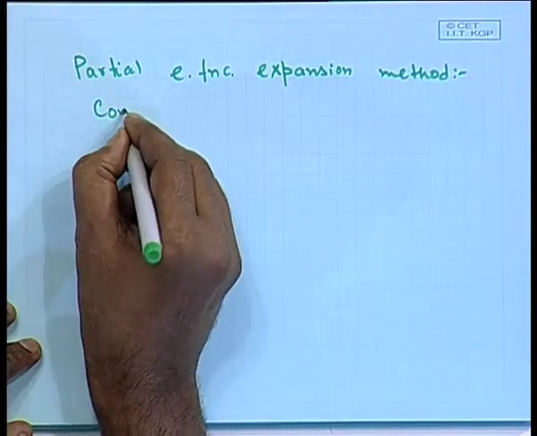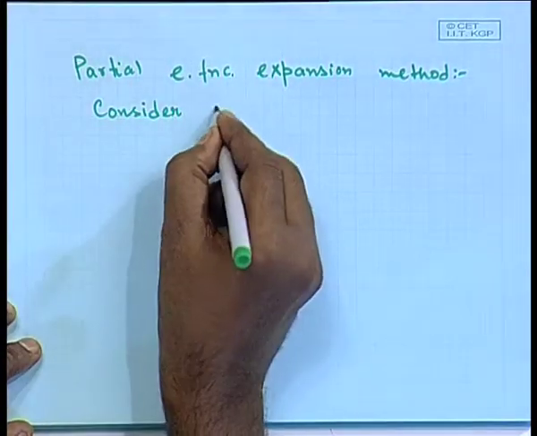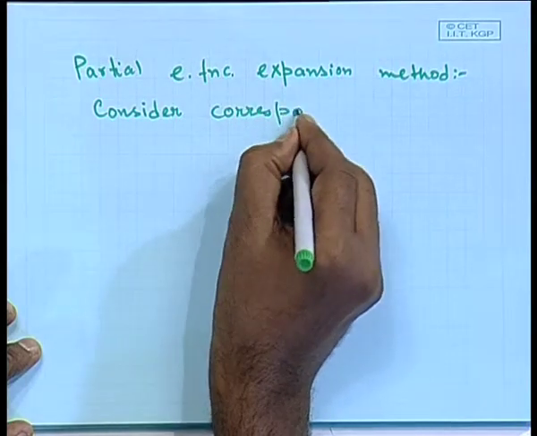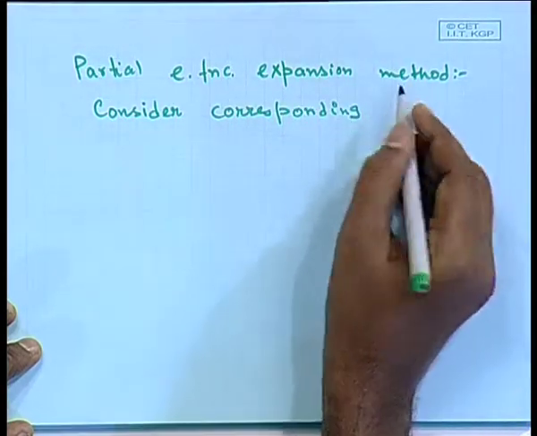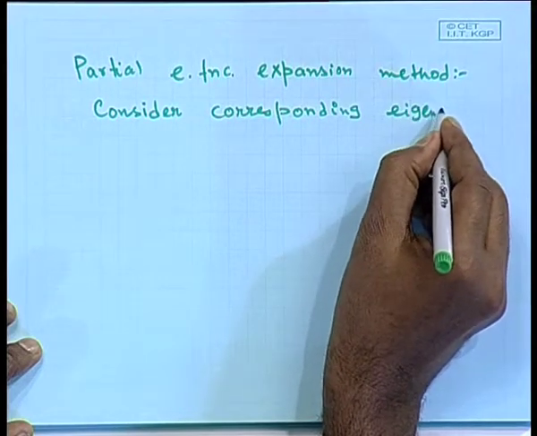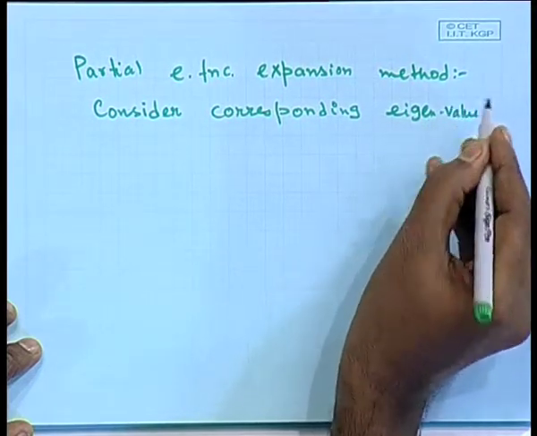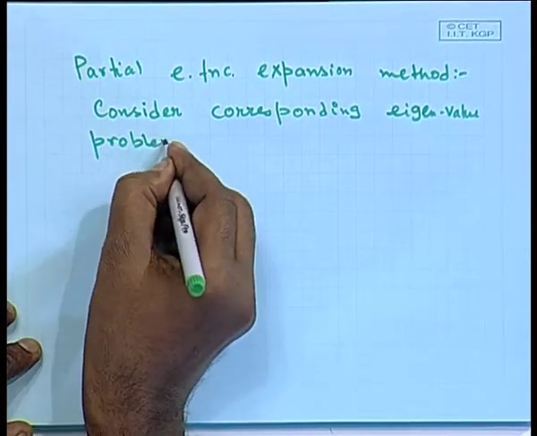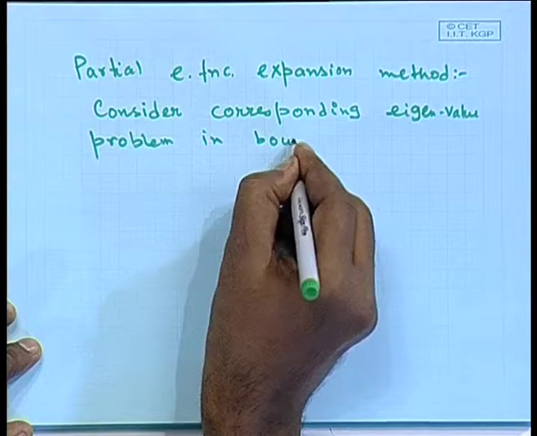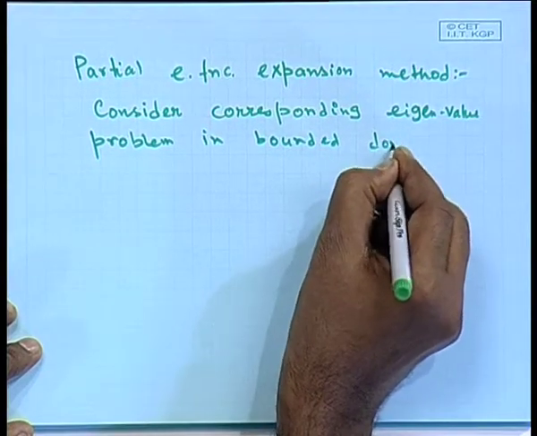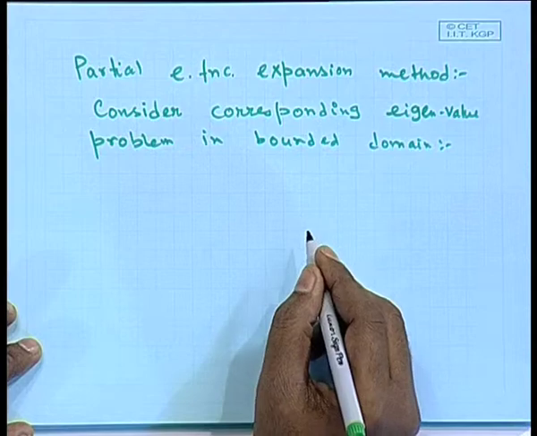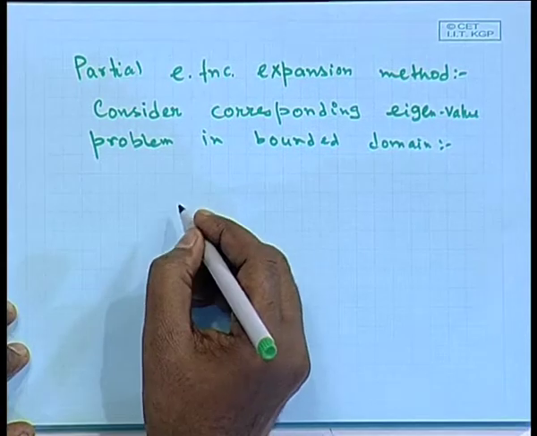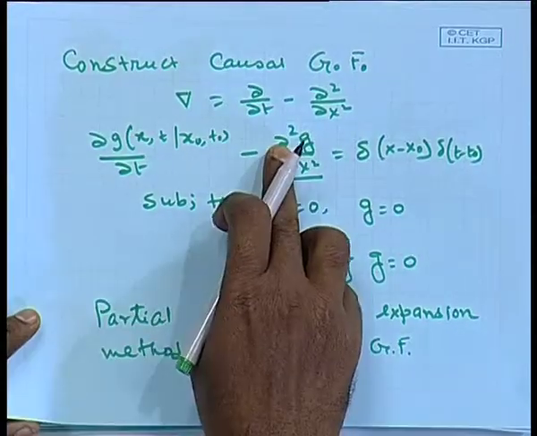In this case, we will be considering the corresponding eigenvalue problem in the bounded domain only, that means in the x domain. In the x domain, what is the operator? Minus del square del x square.